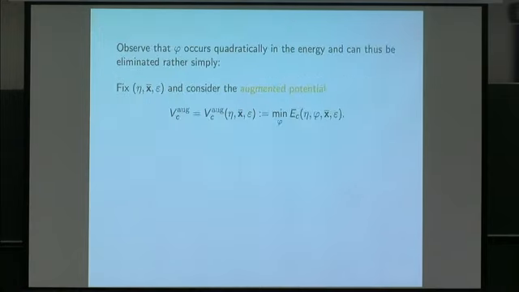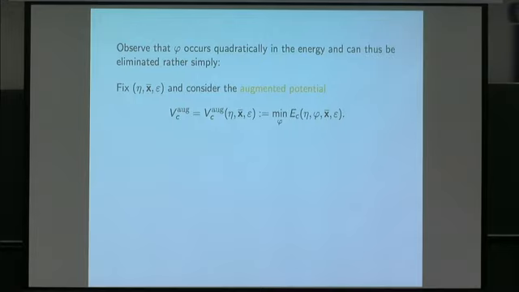So how do we go about doing this? Well, the idea goes back to Mielke's work on capillary gravity waves, very much inspired by it. We note that if you look at the energy, then you have phi occurring quadratically, so you can eliminate it pretty easily.